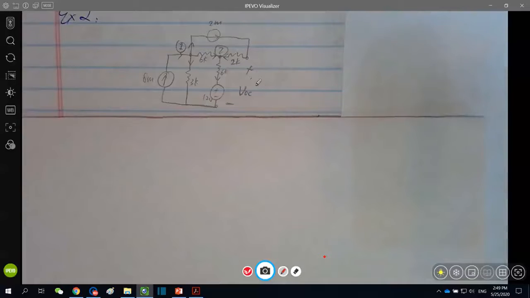So here I have removed circuit B. I keep the terminals open. And how do we find the voltage across these two terminals? Never forget applying KCL and KVL.